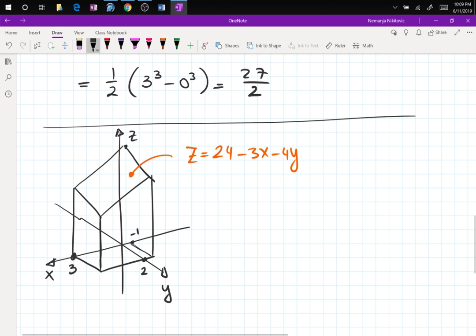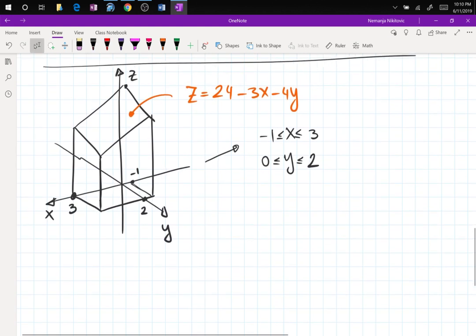So from the picture, I can see that x is stuck between negative 1 and 3. y is stuck in between 0 and 2. So just looking at the picture, these are the dimensions that I can use because these are your limits for integration.